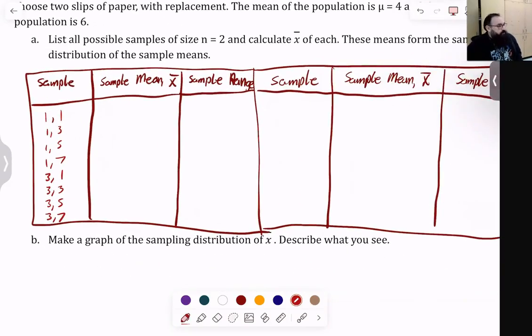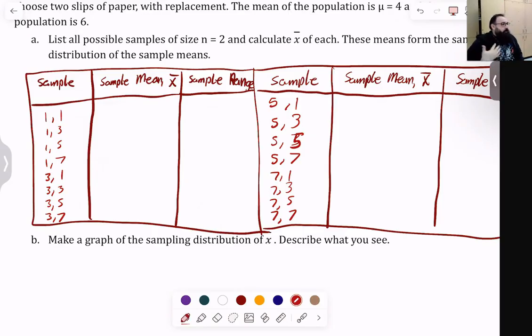Are there more samples? Tell me the next one. 5, 1. 5, 3. 5, 5. 5, 7. And my last one? My last 4, basically. Yeah, 7, 1. 7, 3. 7, 5. 7, 7.